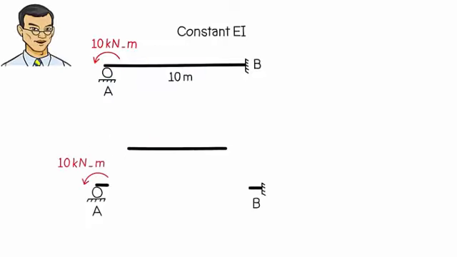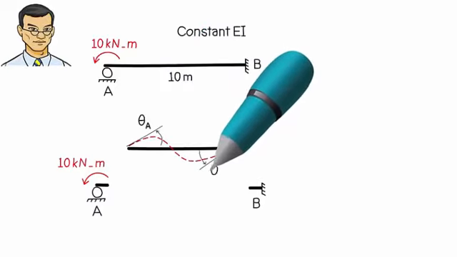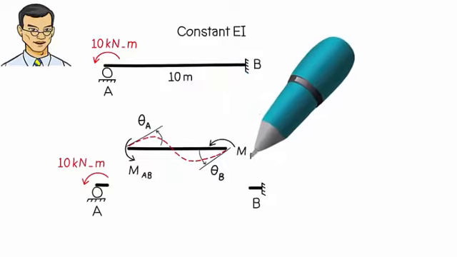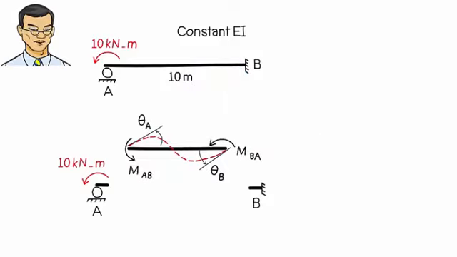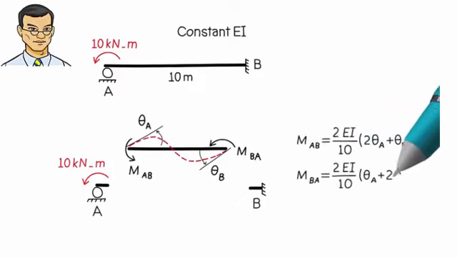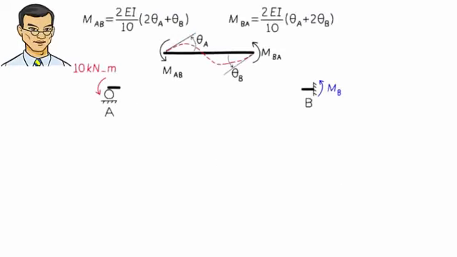We denote the joint rotations as theta A and theta B, and refer to the end moments as MAB and MBA. The slope-deflection equations for segment AB can be written as. Since the member end moments also appear at the joints, we get.